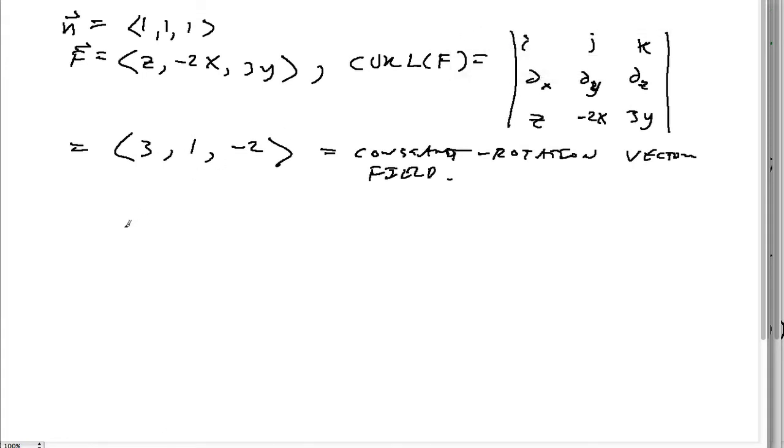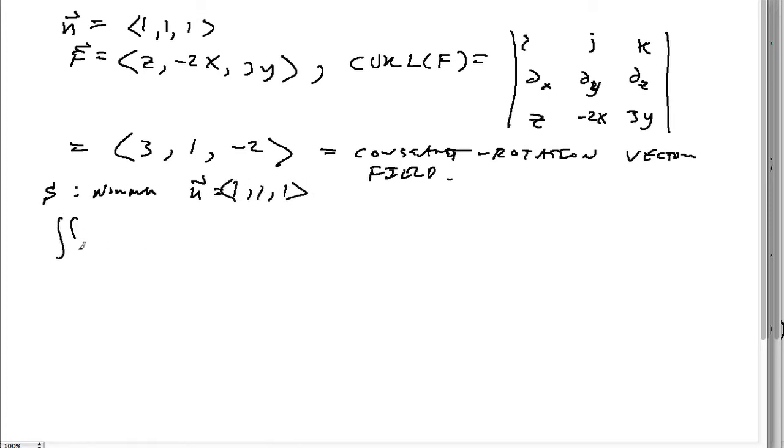All right. So we know that any surface integral we compute, we're going to take our surface then to have a normal n equals 1, 1, 1.